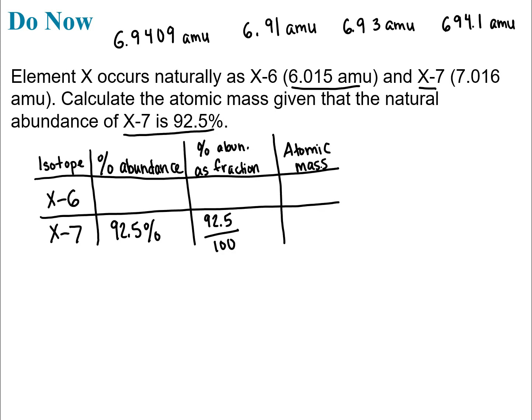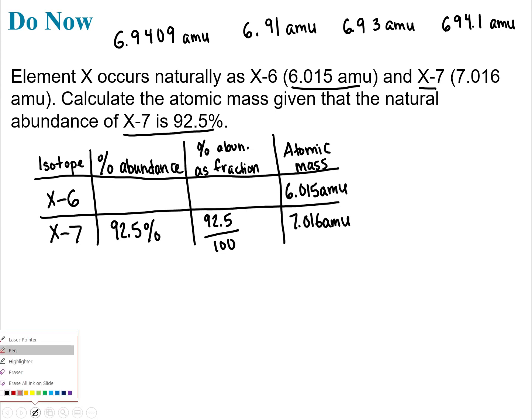Let's fill in our last column here with atomic mass. Now notice we do not have the percent abundance for X6. How do we figure that out?